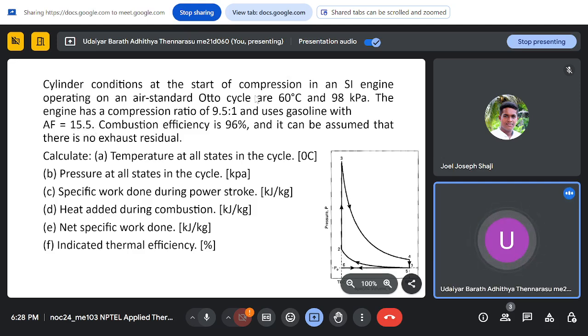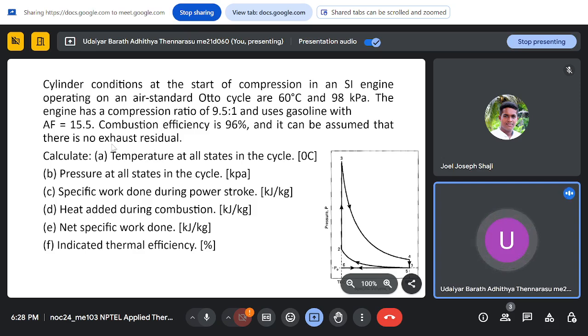So you have the compression ratio and also the air fuel ratio. Your combustion efficiency is 96% and it can be assumed that there is no exhaust residual. So combustion efficiency is also given.